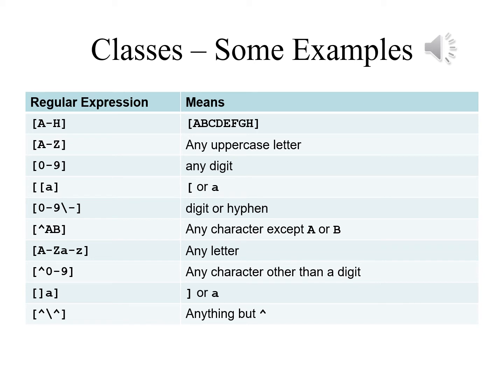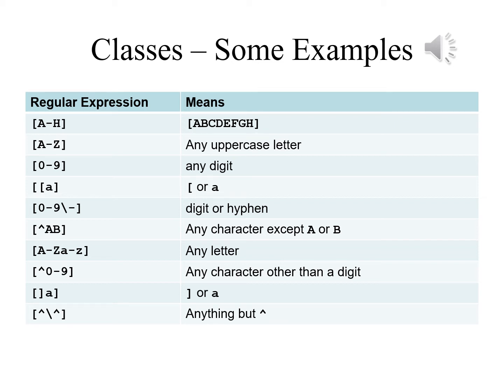In square brackets, caret A B means any character other than capital A or capital B. In square brackets, capital A dash capital Z, little a dash little z means any letter. In square brackets, caret 0-9 means any character that is not a digit.